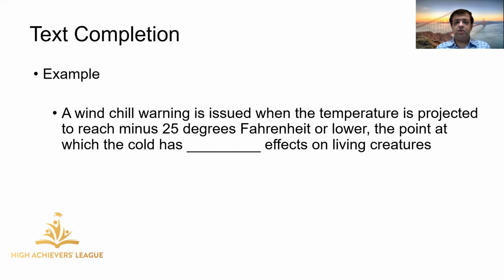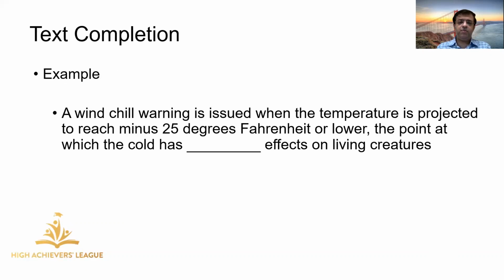The tone of the sentence is mostly negative, and a temperature of minus 25 degrees Fahrenheit or lower would definitely have devastating effects on living creatures. So a negative word is going to go there. It can be lethal effects, negative effects, adverse effects, dangerous effects on living creatures, anything like that.